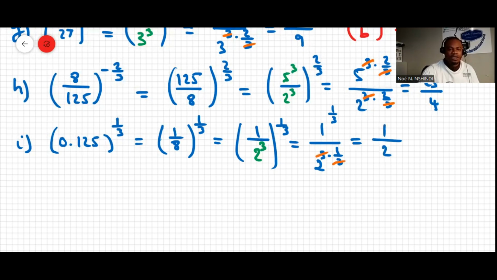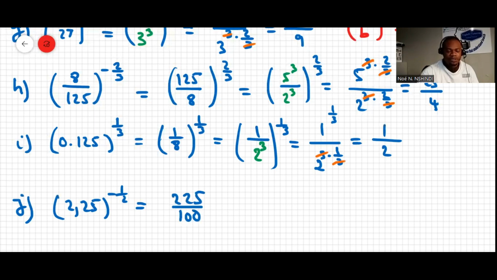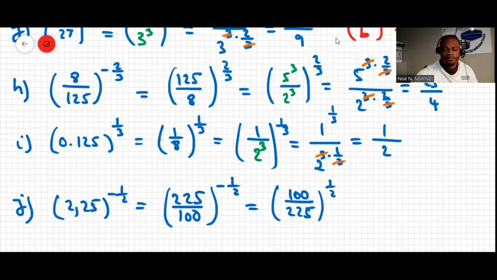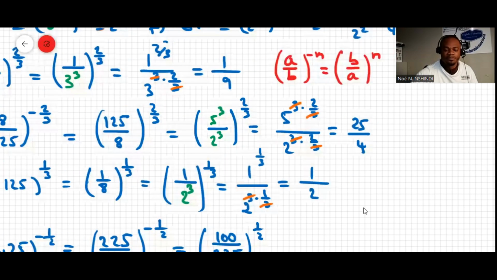Okay. And then J, we have 2,25 to the power of negative a half. Okay, 2,25 can be written as 225 over 100, to the power of negative a half. Now, this can be written as 100 over 225 to the power of positive a half, following this formula.